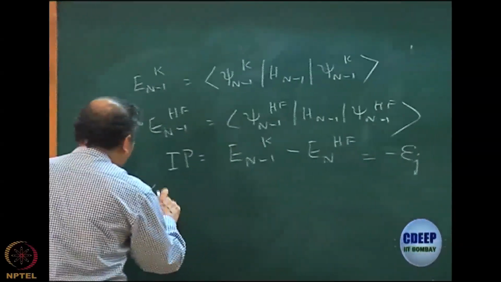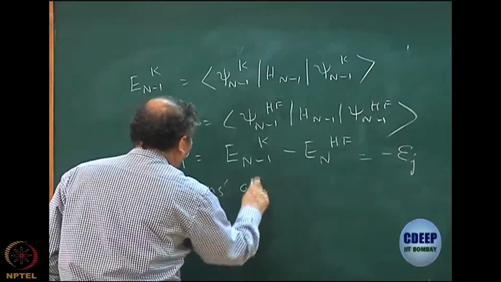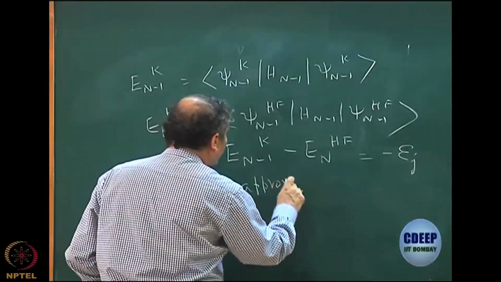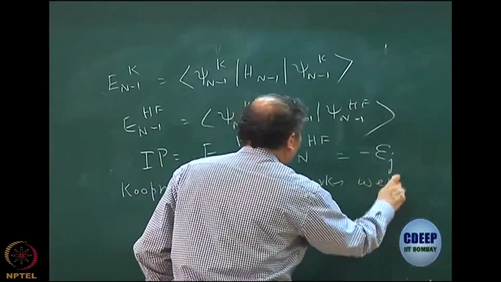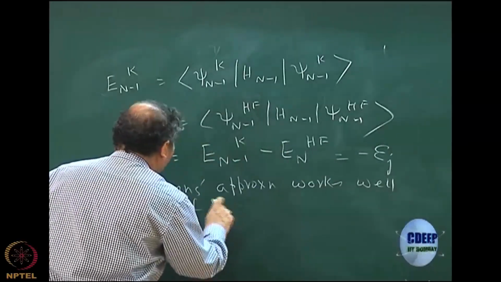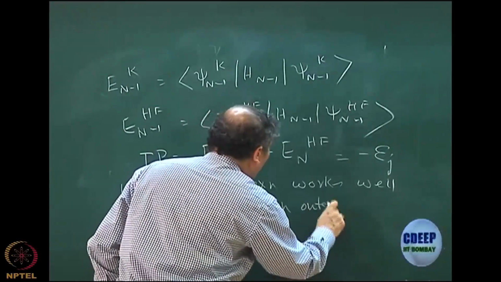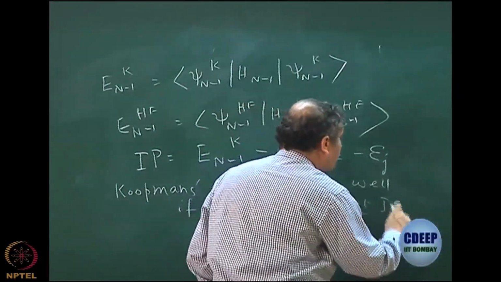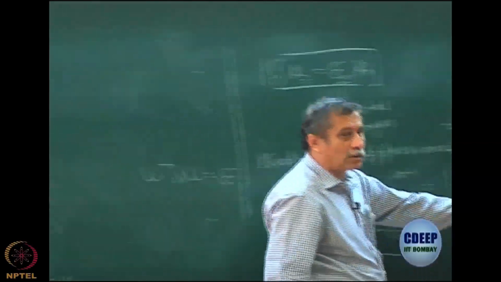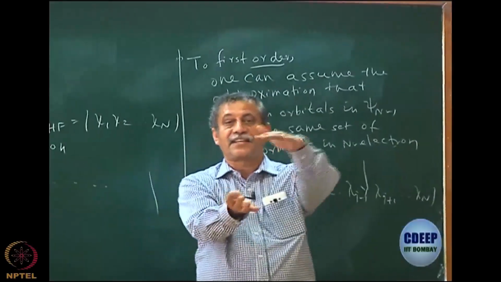It so happens that the Koopmans approximation works better if your IP is an outer valence IP, which means the electron, the spin orbital which is knocked out, is an orbital which has the highest energy.